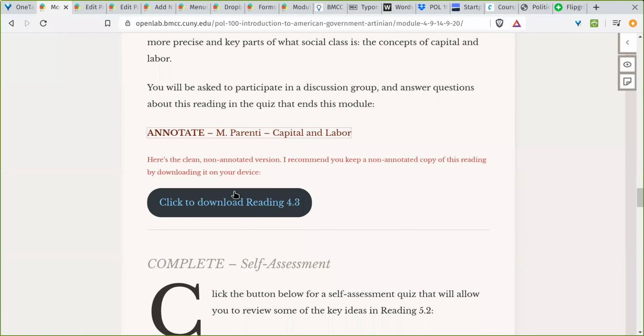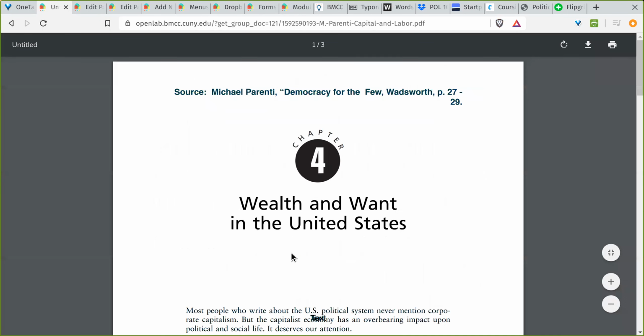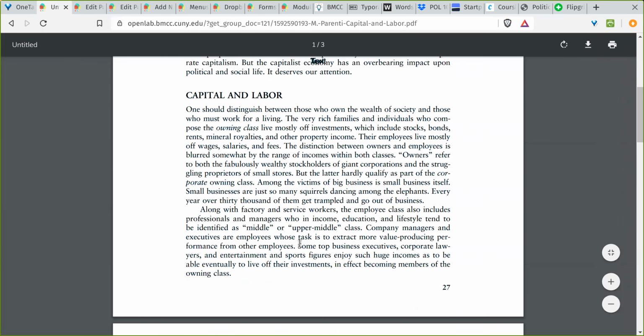Okay, so right off the bat, we have this distinction between capital and labor. So as you read and annotate this, pay attention to what is the difference between capital and labor.